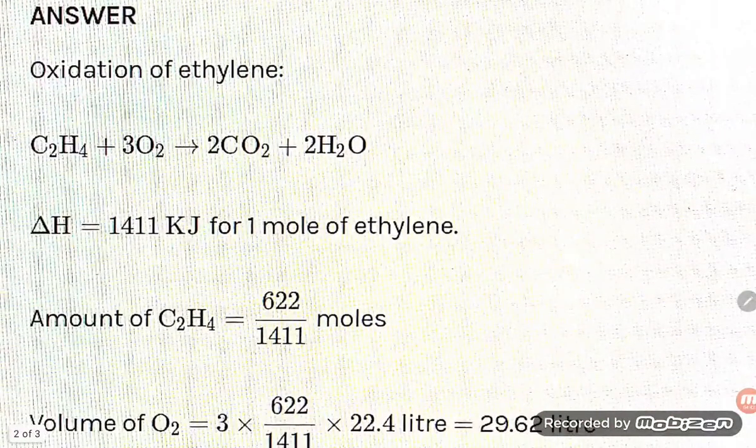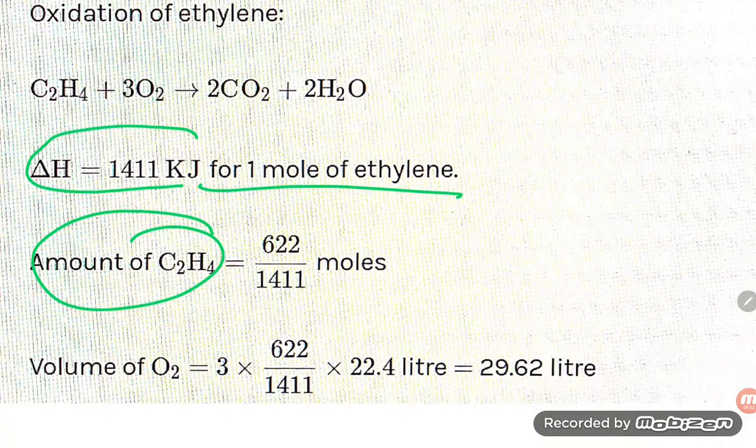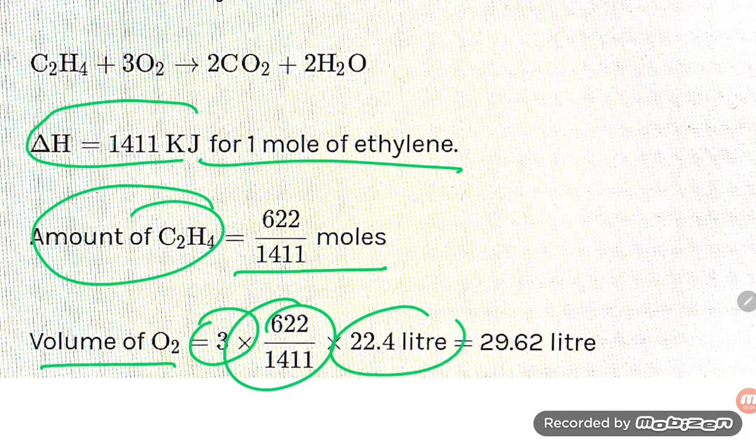Here the solution is also there. You can see delta H combustion they have given as 1411 kilojoule for 1 mole of ethylene. So the amount of ethylene in moles is the given mass upon this much. So the volume of O2 is 3 into this into 22.4 liter.